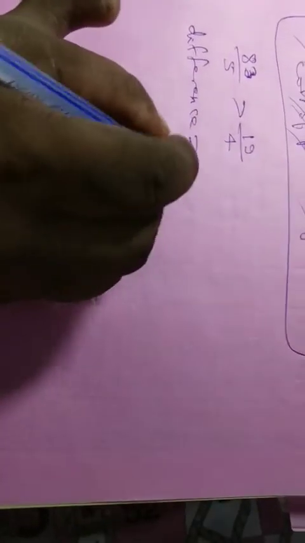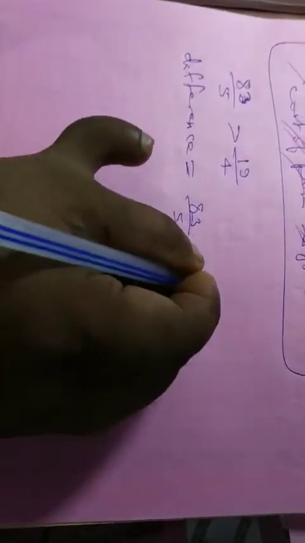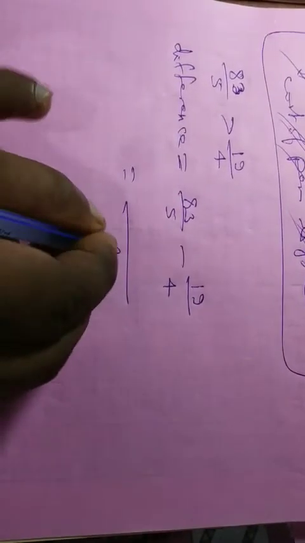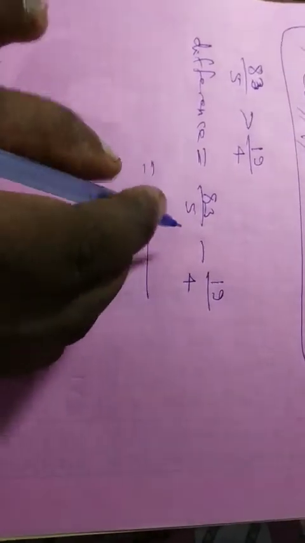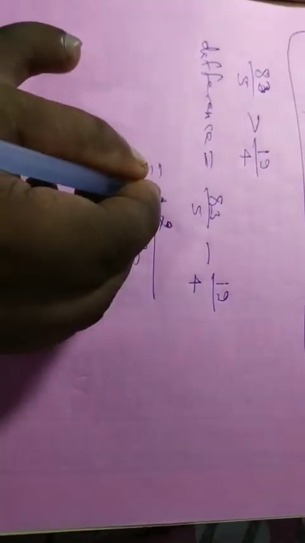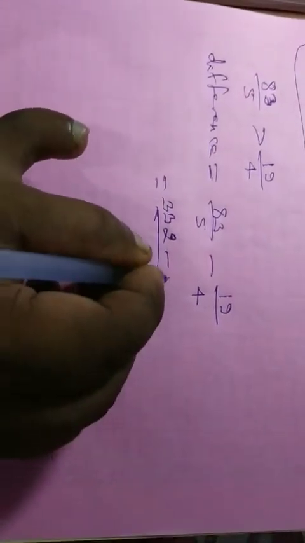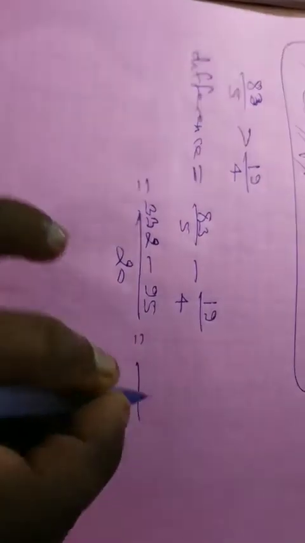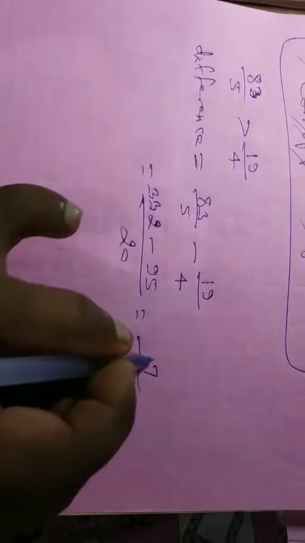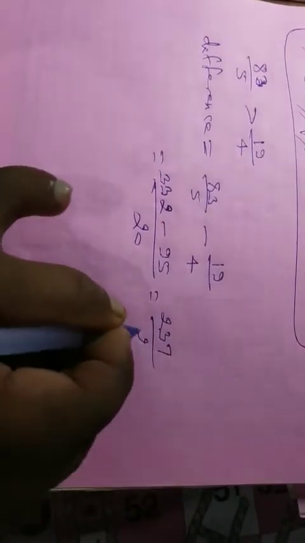Now the difference. Your cost of pen is greater than the cost of pencil. 5 4s are 20, 5 4s are 20, 4 3s are 12, and 1 carried... 4 8s are 32 and 1 is 33. Minus 4 5s are 20... 95. So we get 3 2 by 20.